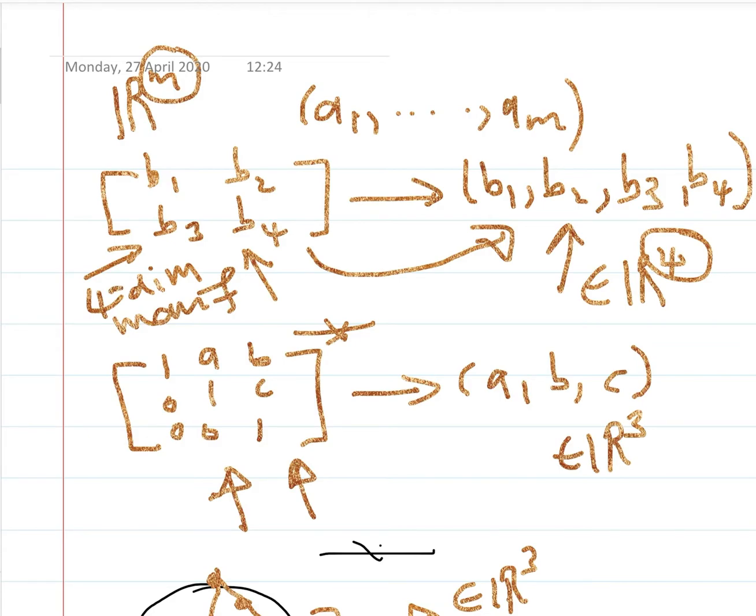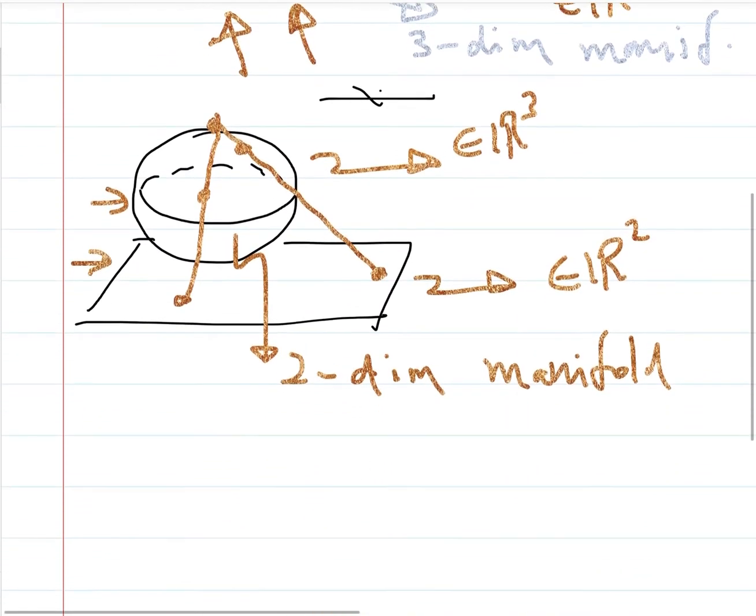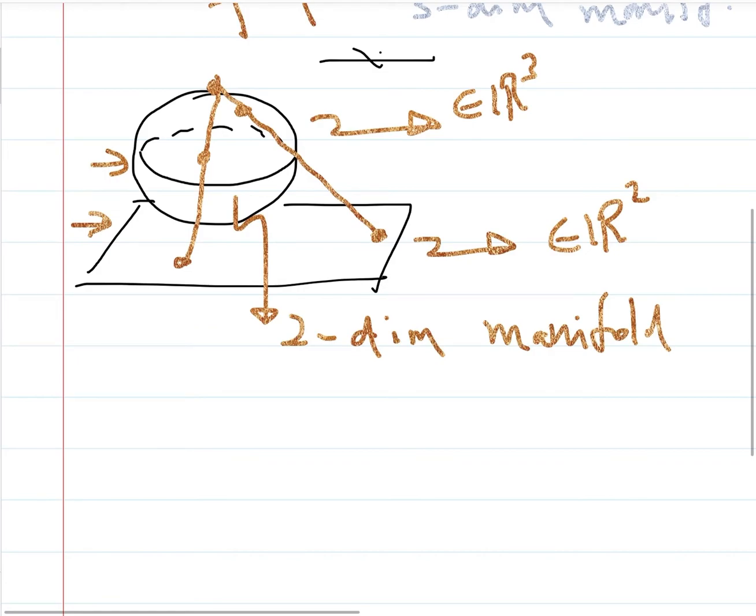And this second set of 3 by 3 matrices, having the structure that I spoke about here, let me do that in a different color, this set would be a 3-dimensional manifold. Okay, so that, broadly speaking, is what we would define as manifolds.